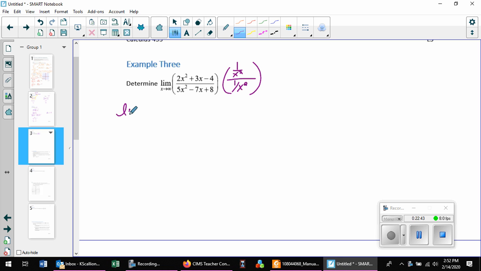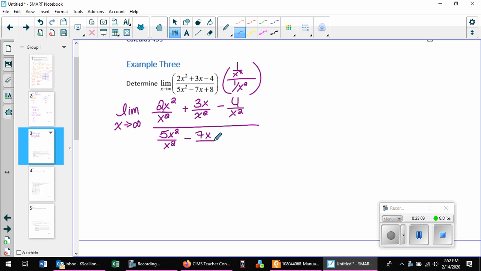So limit as x approaches infinity, 2x squared over x squared plus 3x over x squared minus 4 over x squared from a numerator, 5x squared over x squared minus 7x over x squared plus 8 over x squared. Big brackets around all that.